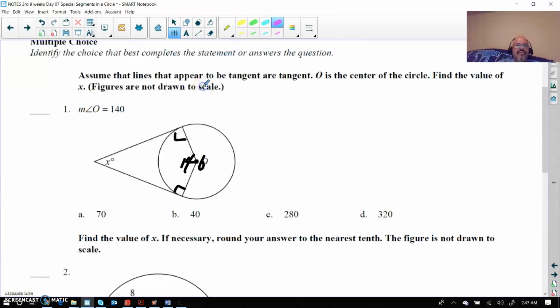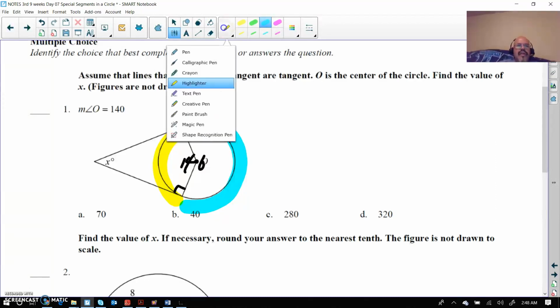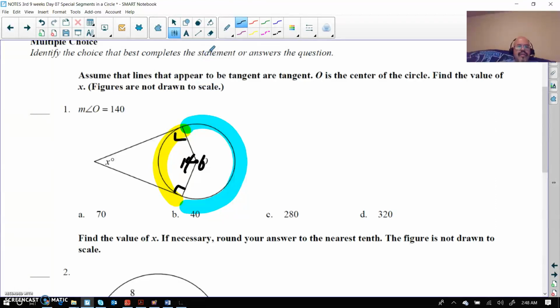Just remember, we have this arc, which is now 140 degrees, and then we have this arc. Okay? So let's see. We have 140 degrees here. We're going to take 360, subtract 140 from it.